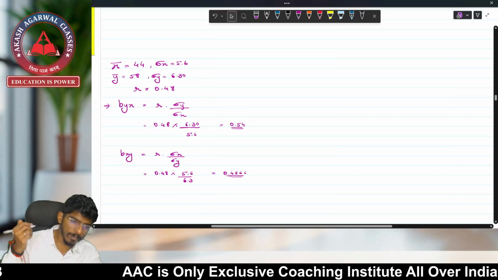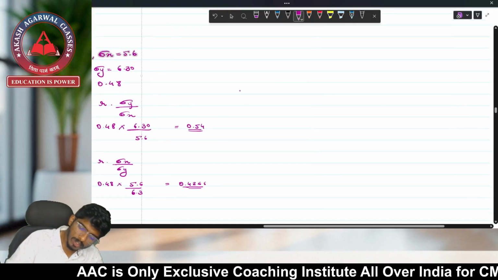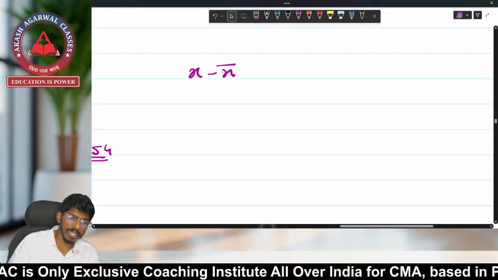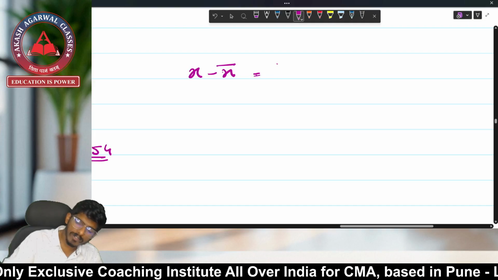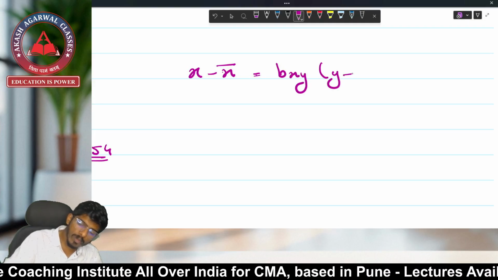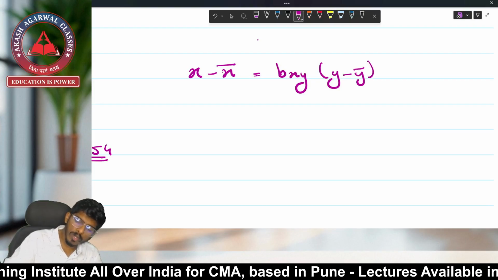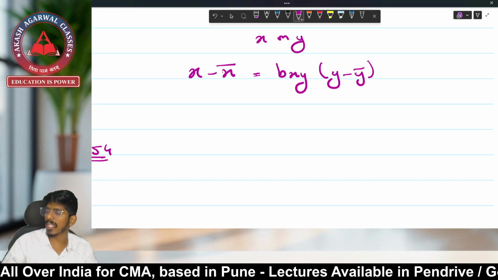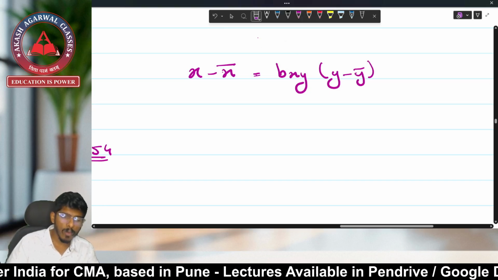So when I'm talking about this kind of question, it is going to be X minus X bar. When I need to find X, I'm going to use X minus X bar equals BXY into Y minus Y bar, because this is X on Y's equation. I need to find X's value when they have given us Y's value.